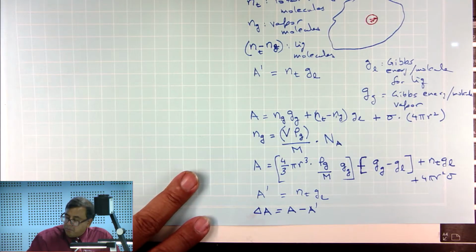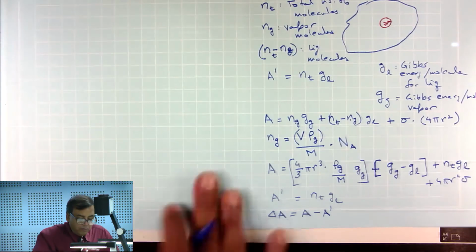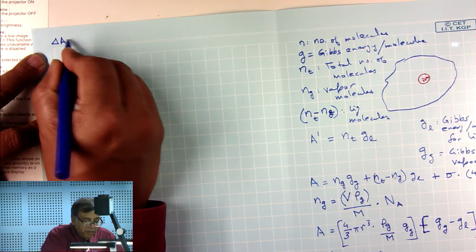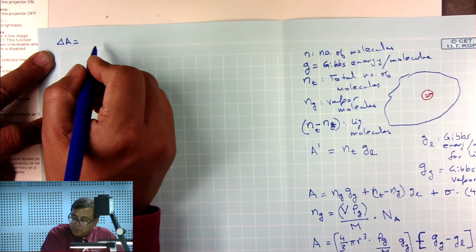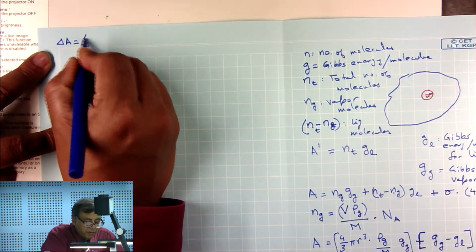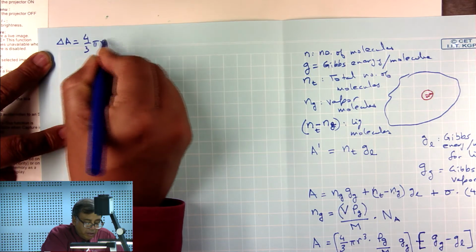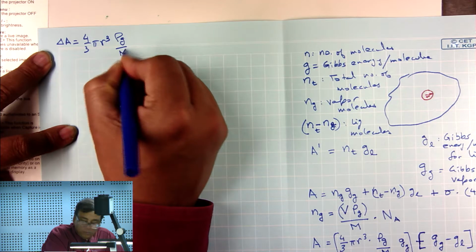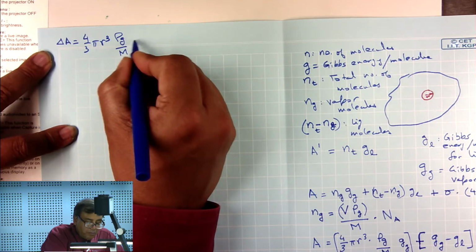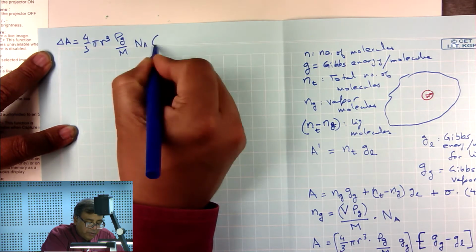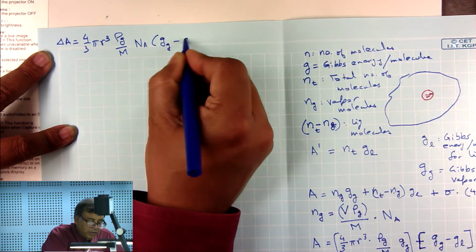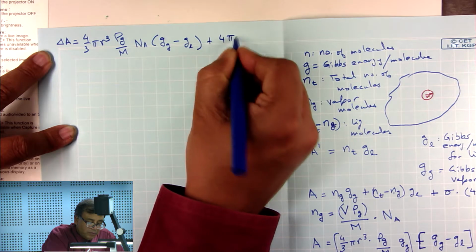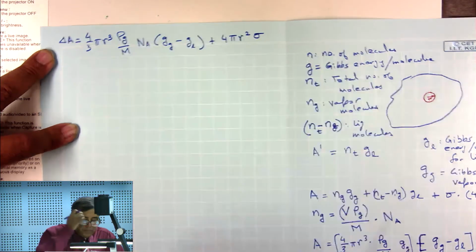So, the change in availability delta A becomes equal to 4/3 pi r cubed times rho g by m times Na times (Gg minus GL) plus 4 pi r squared sigma.